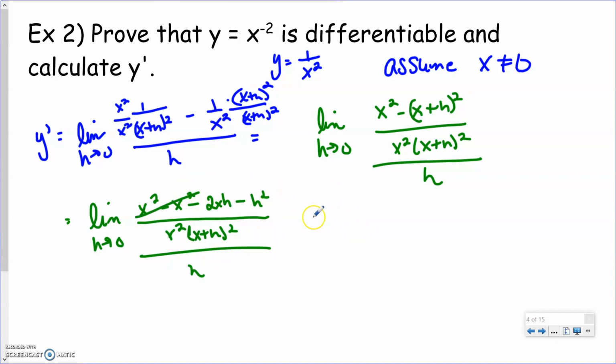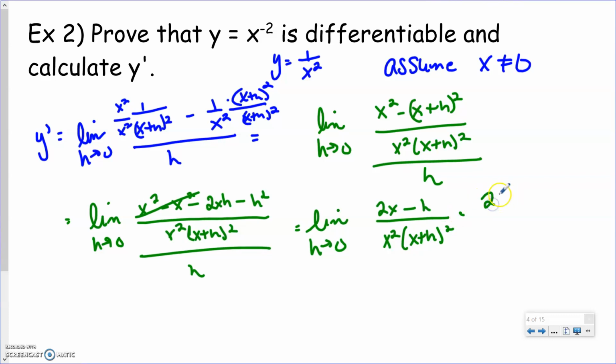Cancel, and then I'm going to divide. So I have the limit as h approaches 0 of negative 2x minus h over x squared times x plus h, quantity squared, and then plug in zeros. So negative 2x minus 0 over x squared times x plus 0 squared, and here is our simplified derivative.